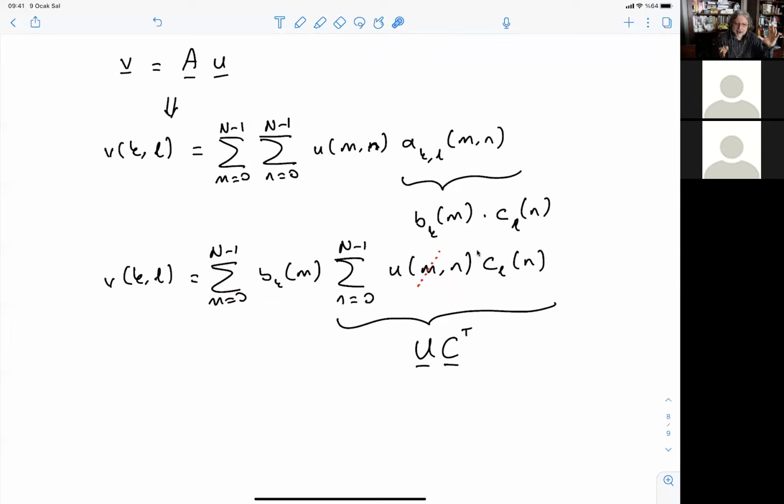But now it's a row vector. So since it's a row vector, I have to put it first, and at the right-hand side, I'm just transforming with the transpose of this C. And once it is achieved, at every row, everything is transformed, but the columns are not transformed yet.